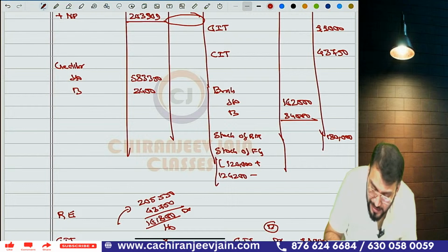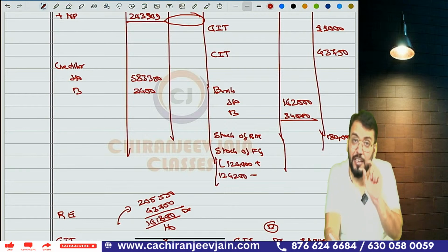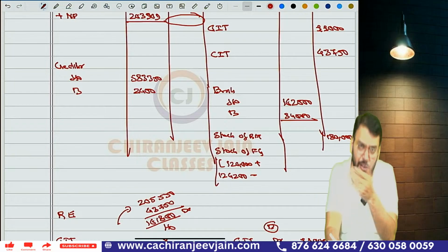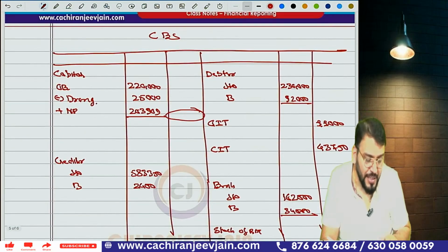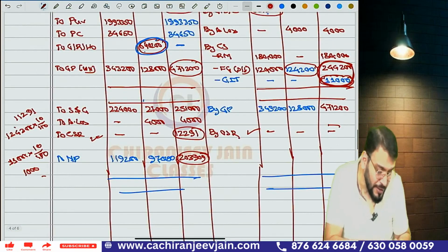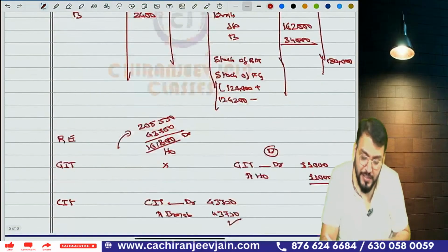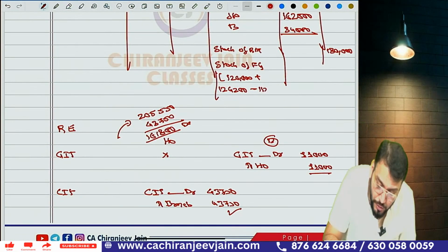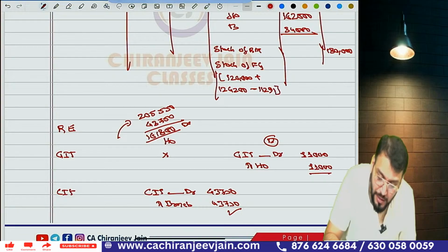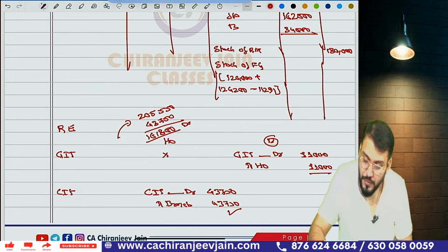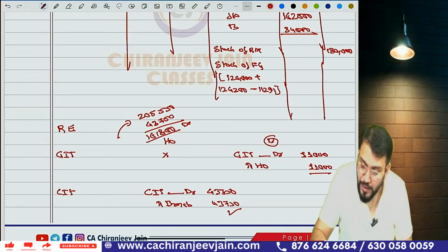But you can see this 1,24,200 includes some load that needs to be eliminated. From this we will minus. What was the amount? The amount was 11,291, so we will minus 11,291. How much is it coming? So 1,20,000 plus 1,24,200 minus 11,291.